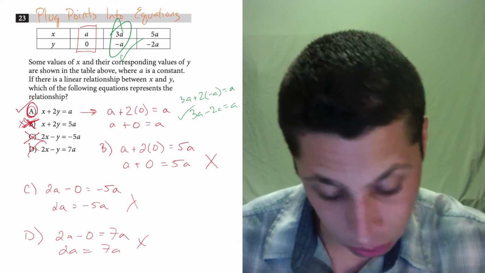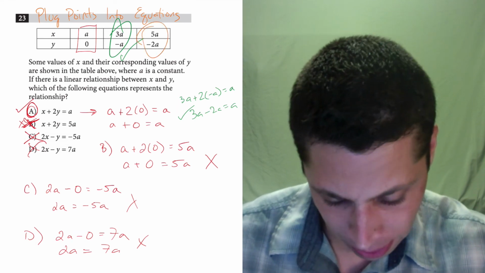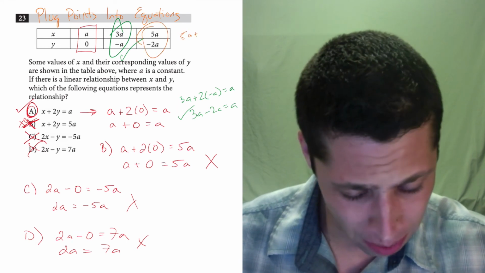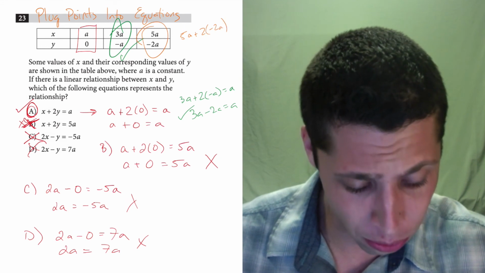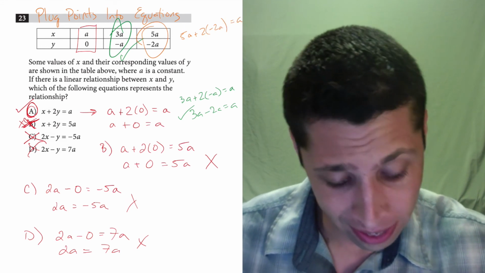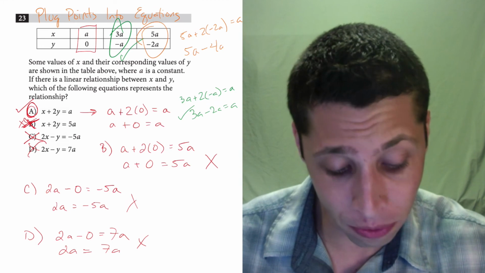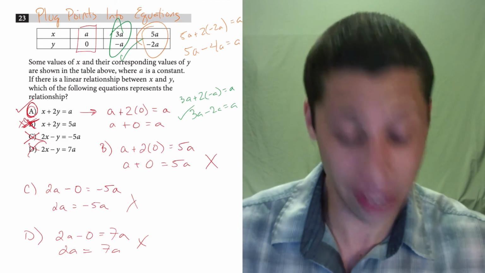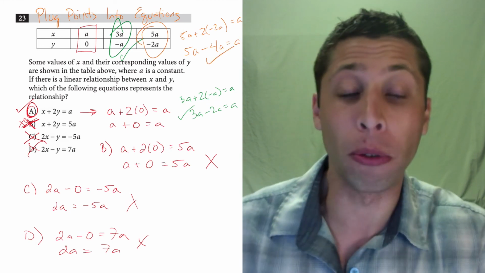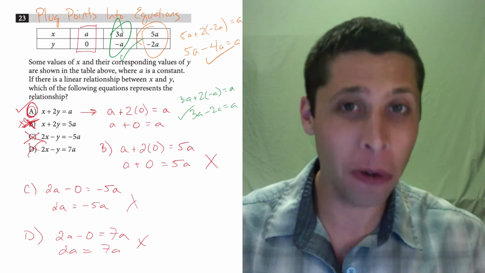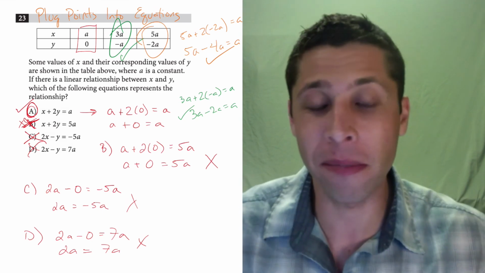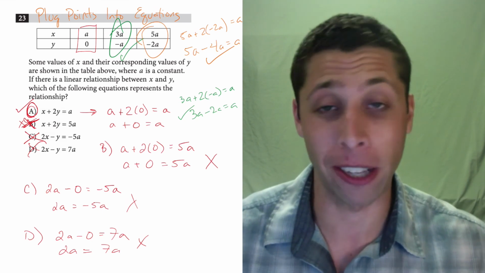And then if I go to this point, that would be 5A plus 2 times negative 2A is equal to A. And 5A minus 4A is also equal to A. So there you go. That's more proof. I didn't need to do that, but I'm just showing you it still works. It doesn't matter which point we would have picked. We're going to get our answer no matter what.